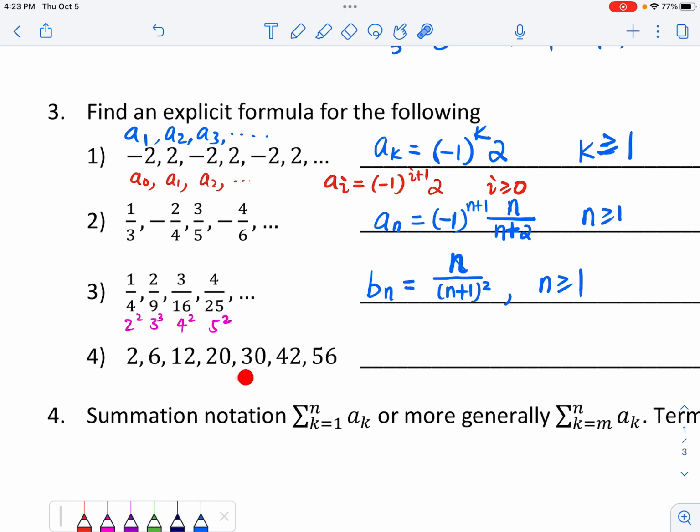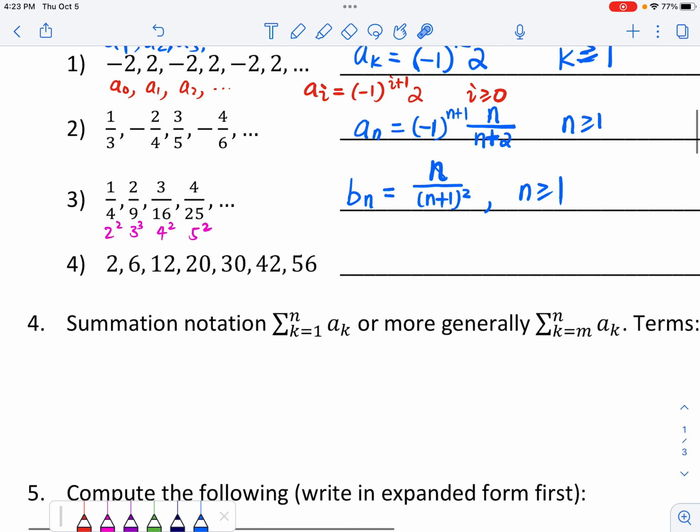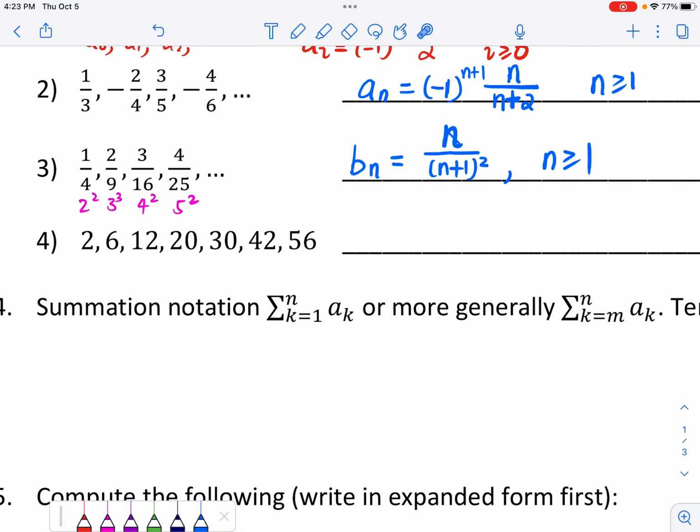Let's take a look at the next one. I want to use this one to show you a strategy that can be used sometimes for a sequence that's more involved, not as obvious as the ones that we've seen. So first of all, you still have to try to find a pattern from these numbers.